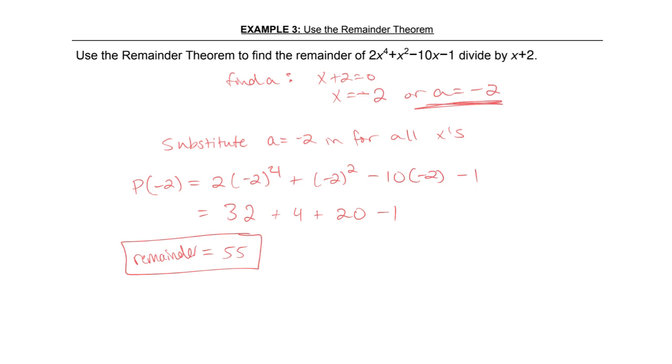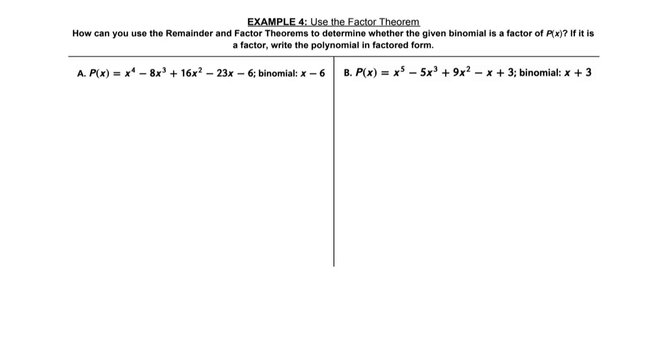Right, so essentially, just get x by itself. That counts as your a term. Substitute in, and whatever you get for your answer is your remainder. Now, let's use the factor theorem. So essentially, you need to do the remainder theorem, and if it's equal to 0, it's a factor. If it's not equal to 0, then it's not a factor.